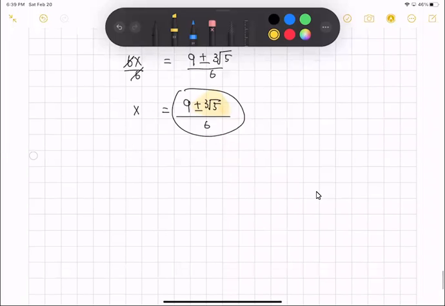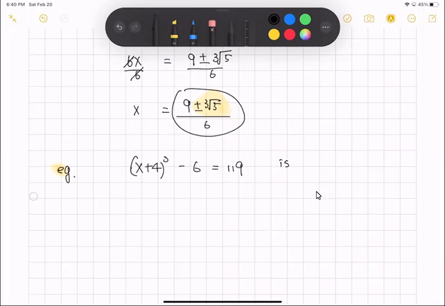Okay, so next, we have another example. Now let's try something without the square root. Let's try the odd root. I have x plus 4 cubed minus 6 equals 119. What's your first step?